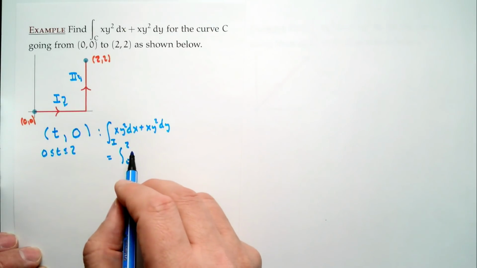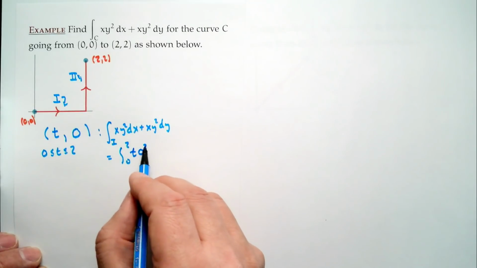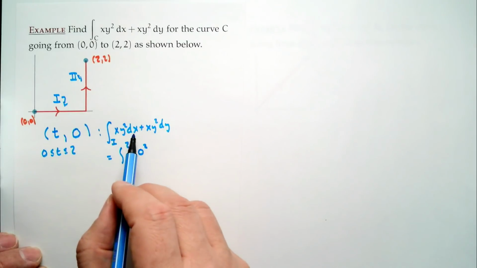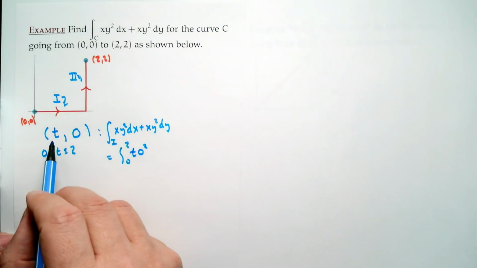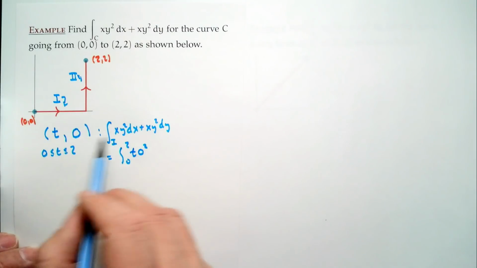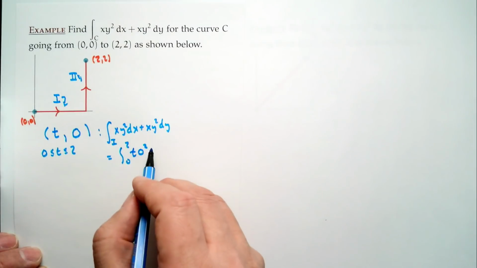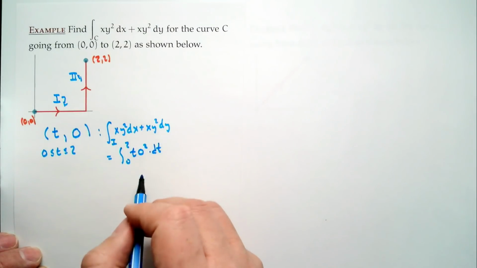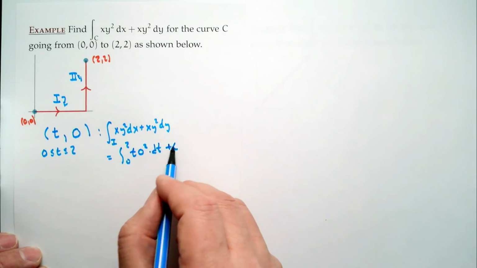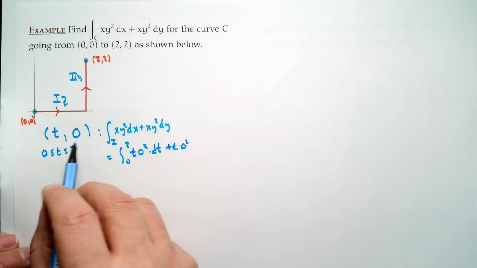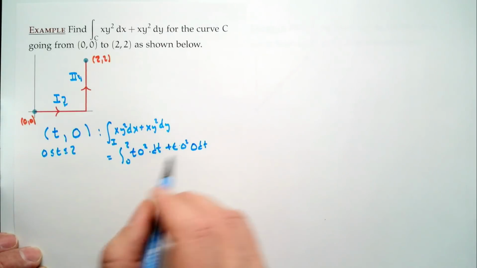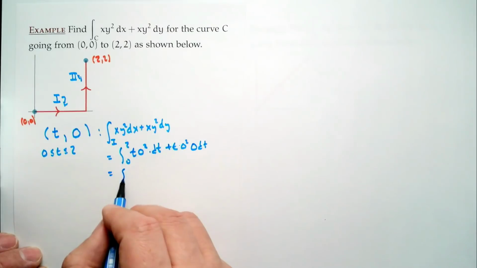So this becomes t times 0 squared. What will dx become? Well, you take the derivative of x. Derivative of t would be 1, or you could say dt. x would be t again, 0 squared. Derivative of y? 0.